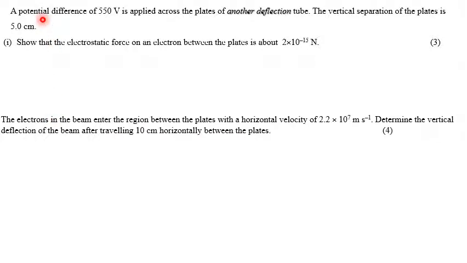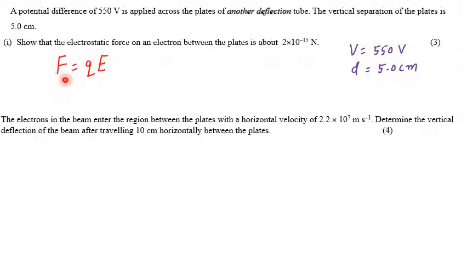In the next part of the question, a potential difference of 550 volts is applied across the plates of another deflection tube. The vertical separation of the plates is also given. Show that the electrostatic force on an electron between the plates is about 2 times 10 to the power minus 15. So these are the given information. We know the PD between the plates and the distance between them.